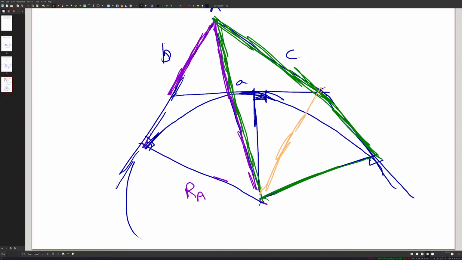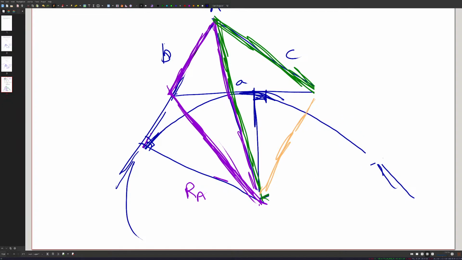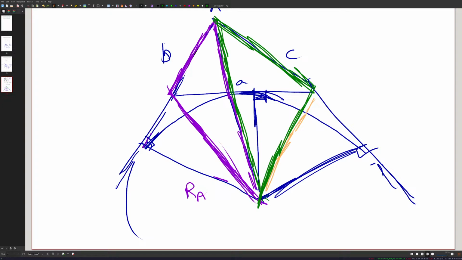We want this purple triangle, but its height is still RA. And we don't want this green triangle. We want this green triangle and this orange one.